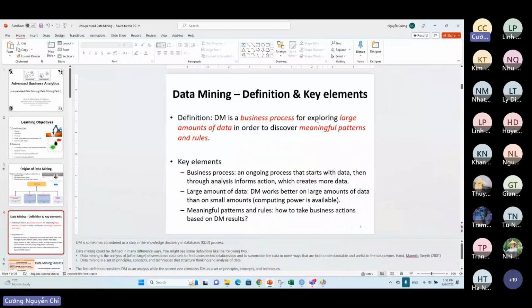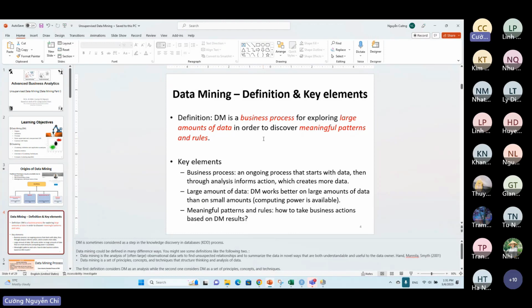However, what exactly does data mining mean? I really like this definition: it is just a business process to explore a large amount of data. Remember, data mining works better with a big data set than a small one. Even though in my class I will demonstrate with some small data sets for you to understand, the power of data mining is big data.